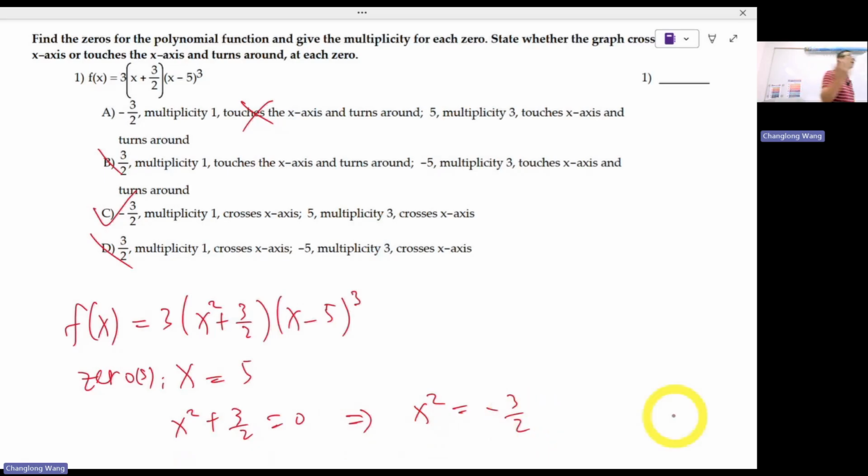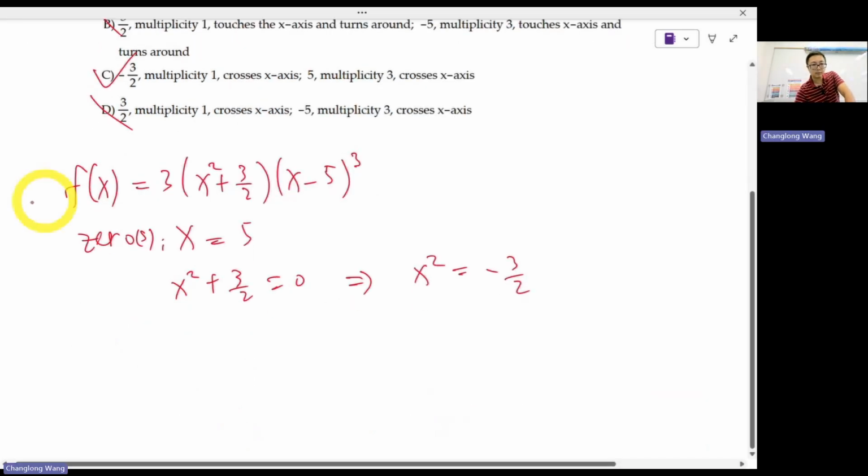Unless x is imaginary, this is not going to work. There could be some subtlety here when it comes to the sign, because if I make this sign negative, then it will be different, right? Let's try that.